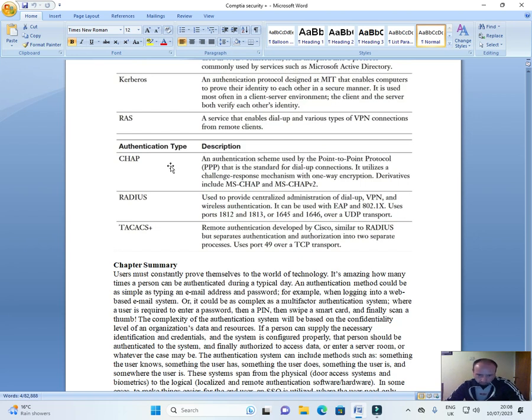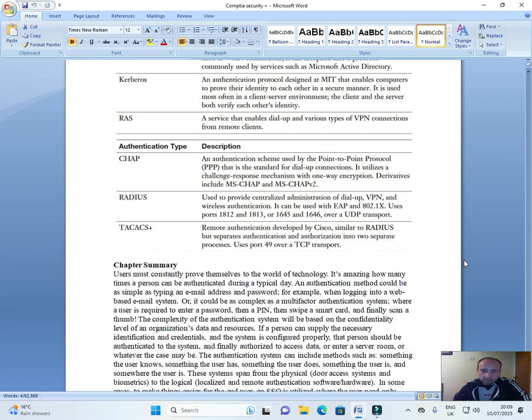CHAP, an authentication scheme used by the Point-to-Point Protocol, PPP. That is the standard for dial-up connections. It utilizes a challenge-response mechanism with one-way encryption. Derivatives include MS-CHAP and MS-CHAP v2.